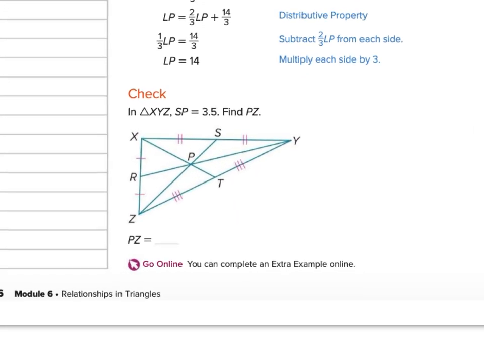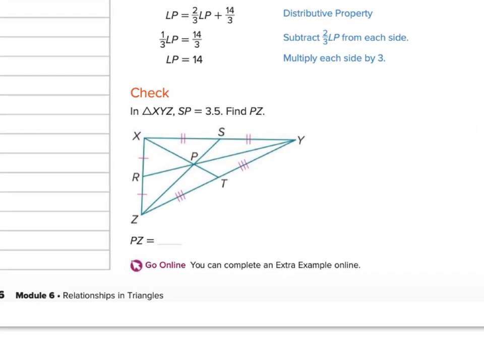Let's see here. So in this check, they told me that SP is 3.5. And honestly, I know that SP is 1/2 of PZ, or I know that PZ is 2 times SP, mathematically moving that literal equation around.